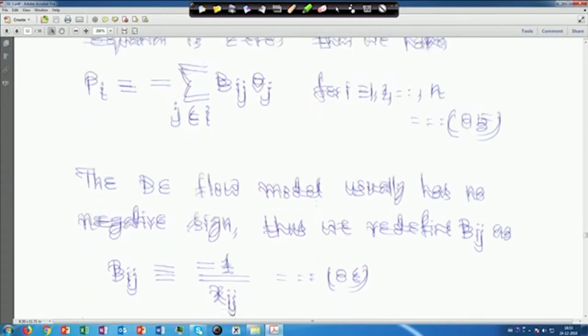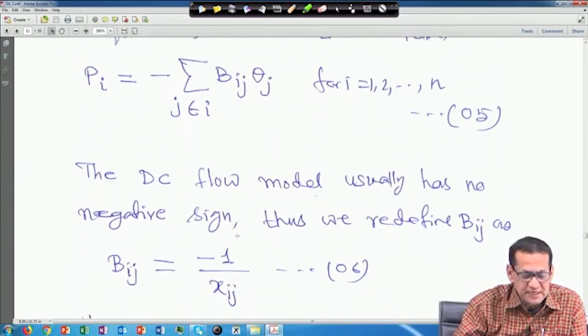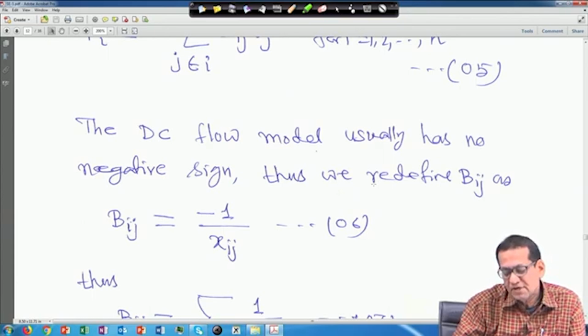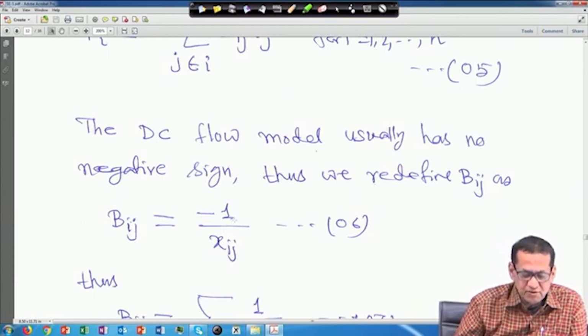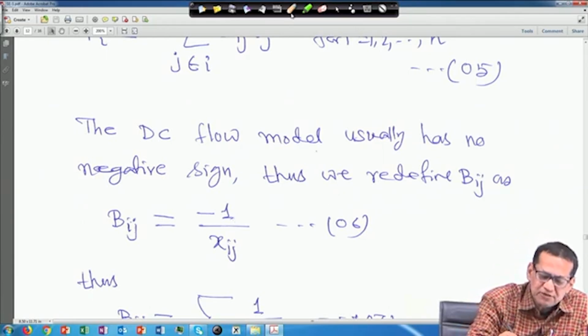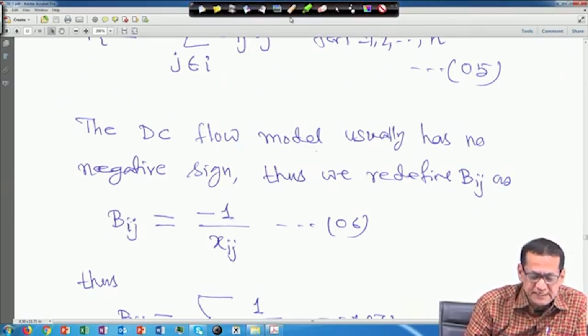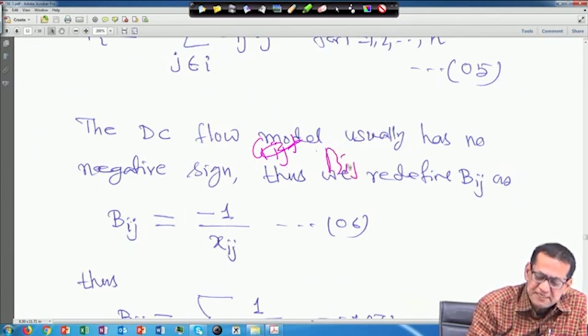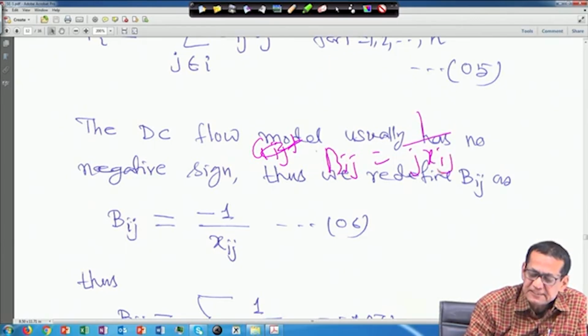The DC load flow model usually has no negative sign, thus B_ij will be minus 1 upon x_ij. Actually, what we will do now, since DC load flow has no negative sign, we can write like this: B_ij is equal to 1 upon jx_ij, this we know.